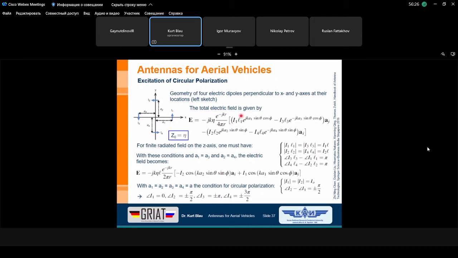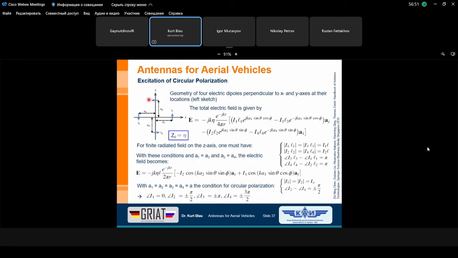Again, the length is much smaller than the wavelength. Otherwise, we cannot assume that the current distribution along this length is more or less constant. The angles determine the observation angles of the electric field components in theta and phi direction.